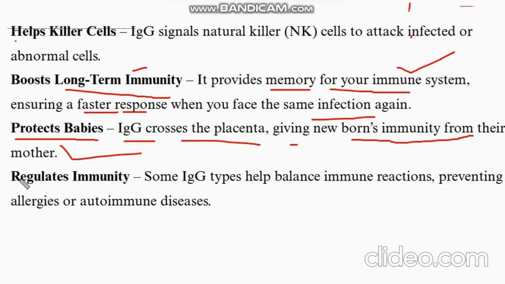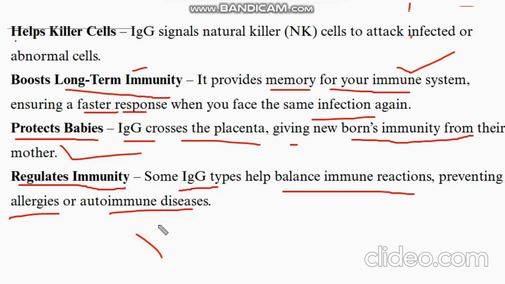And the last one is that it has a capacity to regulate the immunity. Some IgG types help in balancing the immune reactions, preventing allergic and autoimmune diseases. Whenever the immune system gets hyperactive, it will lose the recognition between the normal cell and the infected cell.